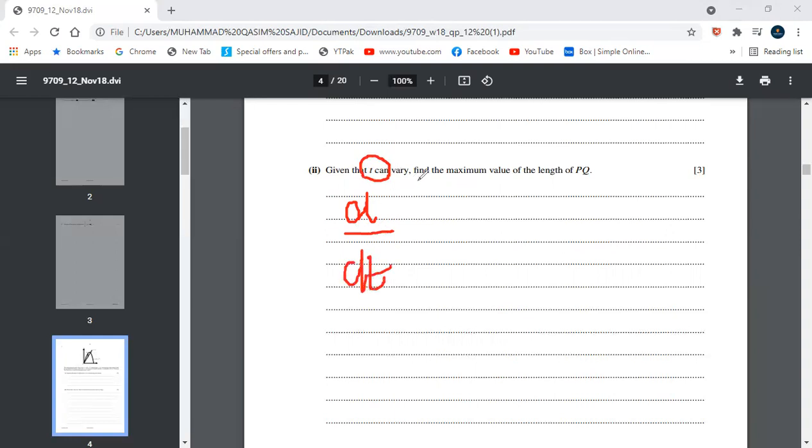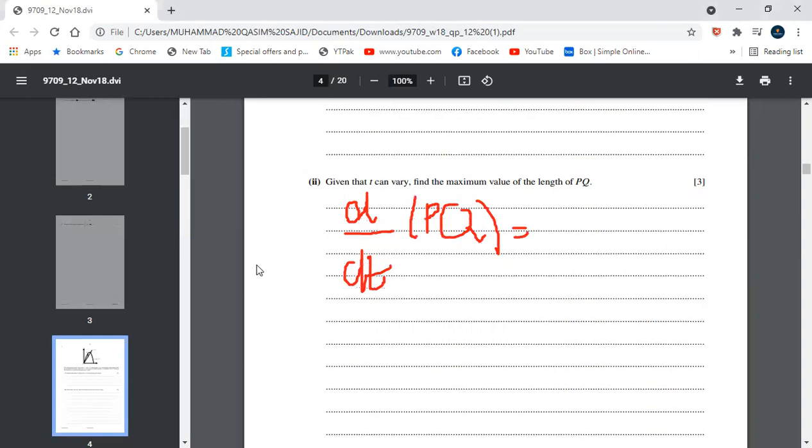Vary means the derivative, you know that. So you have to find this. So how to find it? What is the value of PQ?